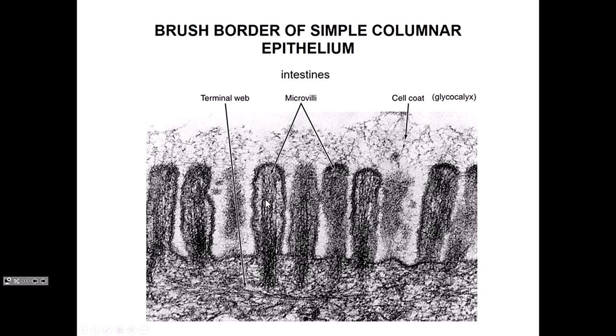The microtubules will form the 9+2 arrangement that you see in an axoneme of a true cilia. So this is not a cilia because we're not seeing an axonemal structure of 9+2 microtubules. We're just seeing very long, skinny actin filaments within these microvilli.